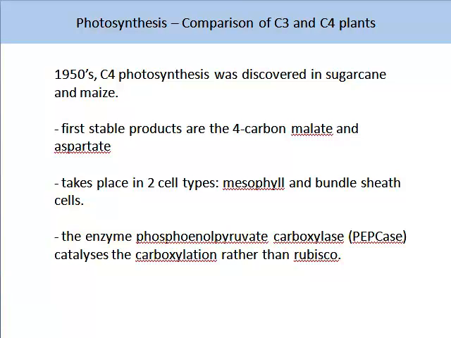The first stable products are the 4-carbon malate and aspartate. It takes place in two cell types called mesophyll and bundle sheath cells. The enzyme phosphoenolpyruvate carboxylase, or PEPC for short, catalyzes the carboxylation rather than rubisco.